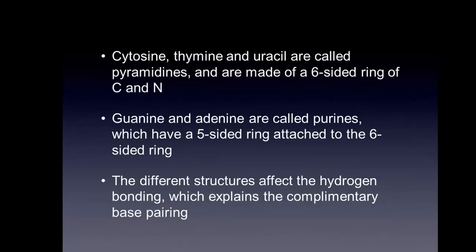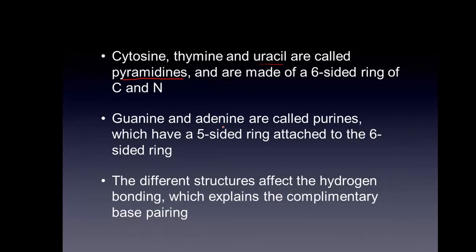Now remember how the cytosine and the thymine were made of one 6-sided ring? Okay, the same is true for uracil in the RNA. And these single-ringed nitrogenous bases are called pyrimidines.